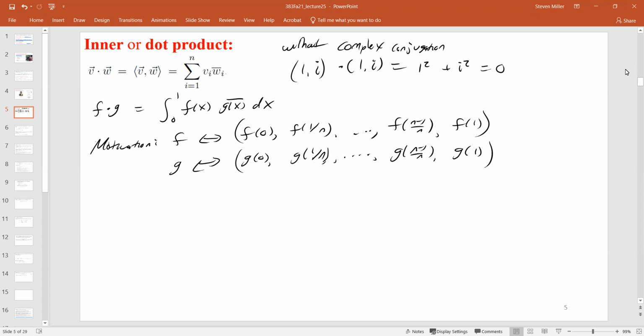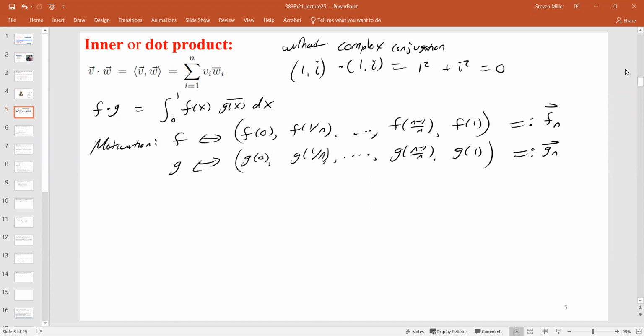Do you agree that as n gets very, very large, this n-dimensional vector is a pretty good approximation for our functions f and g, at least if they're continuous? And so let's define these to be fn and gn, just some vectors.